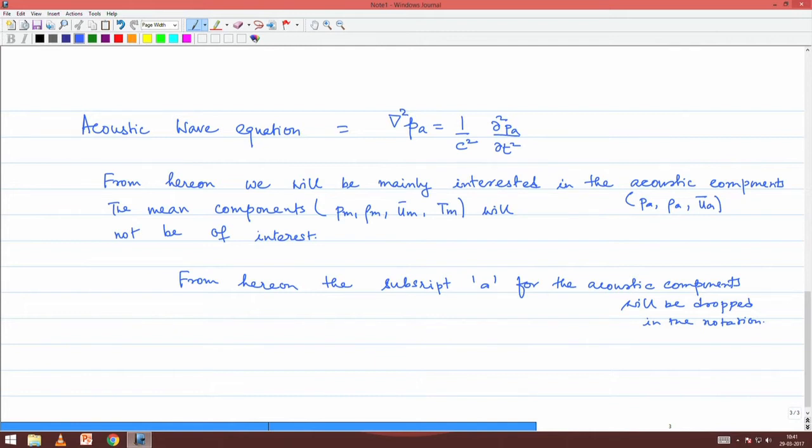So, there is no chance of any ambiguity. So, basically P A will now for notational purposes be denoted as P, rho A will be denoted as rho, and U A will be denoted as U without any subscript. Okay. So, this is just the change in notation that will be taken from here on.